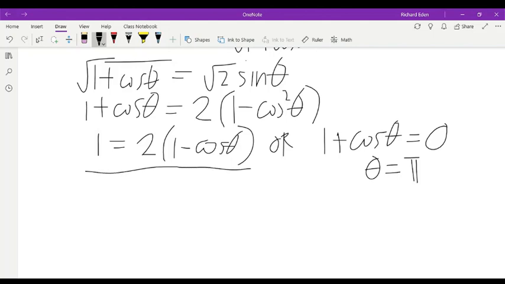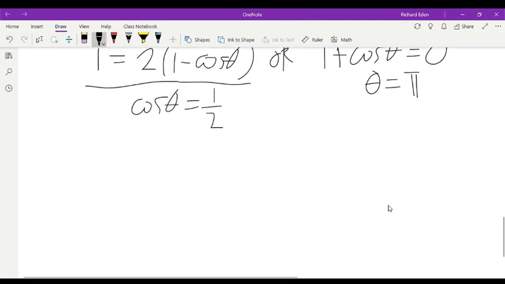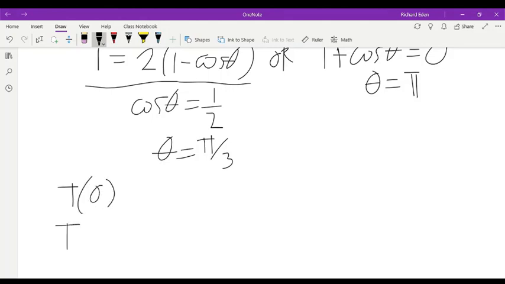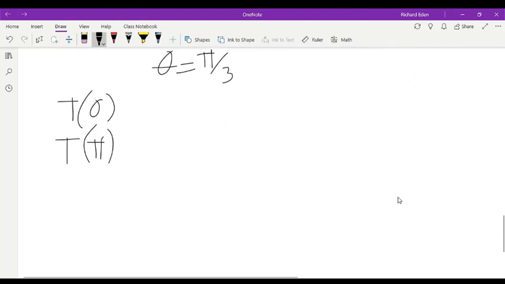So assuming this, then cosine theta would be 1/2. Then over the interval 0 to pi, theta is equal to pi over 3. So then evaluate T at 0, T at pi, and T at pi over 3.